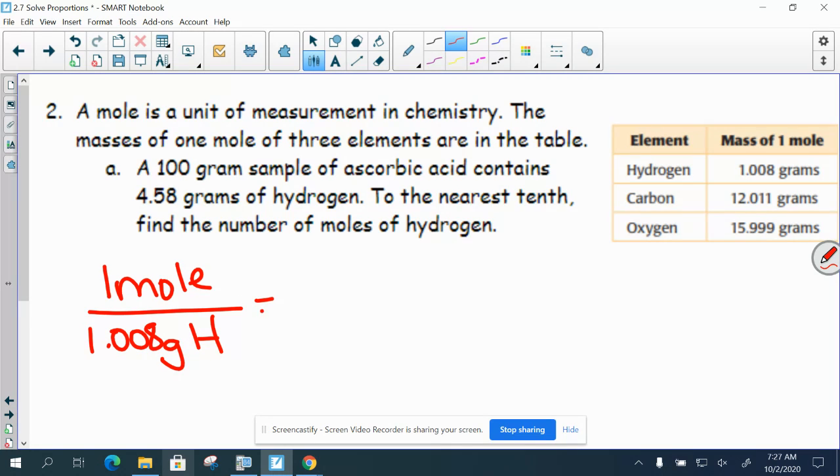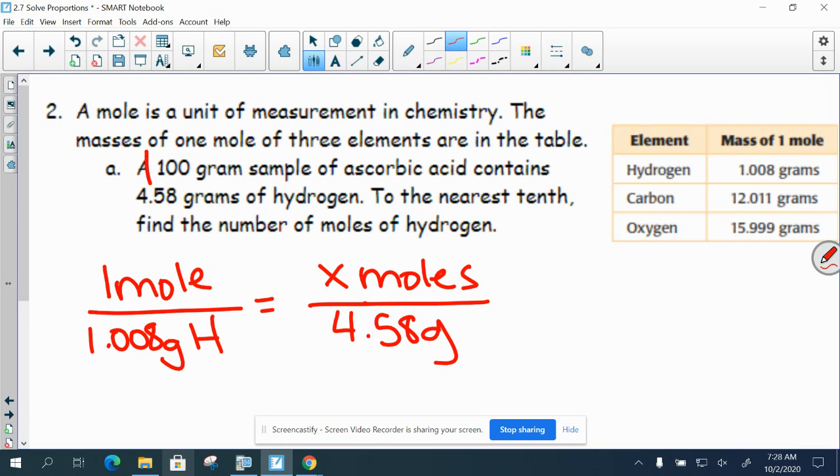And then equals, we're trying to find how many moles are in hydrogen, which has 4.58 grams. So x moles over 4.58 grams. So actually, it turned out that this 100-gram sample was really not necessary to solve the problem.